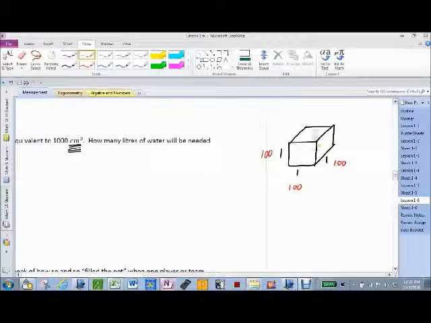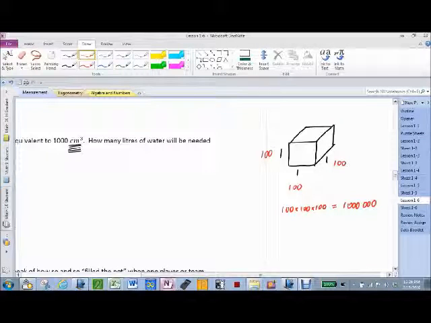What's the volume of this in centimeters? 100 times 100 times 100. Which is what? If you can't do that in your head, go to your calculator. 100 times 100 times 100. It is 1,000,000. Is everyone cool with that?